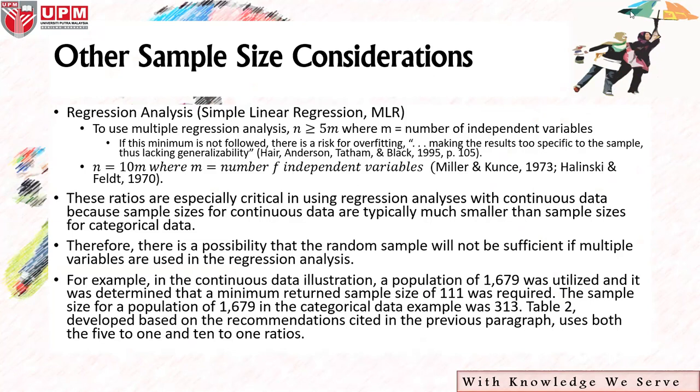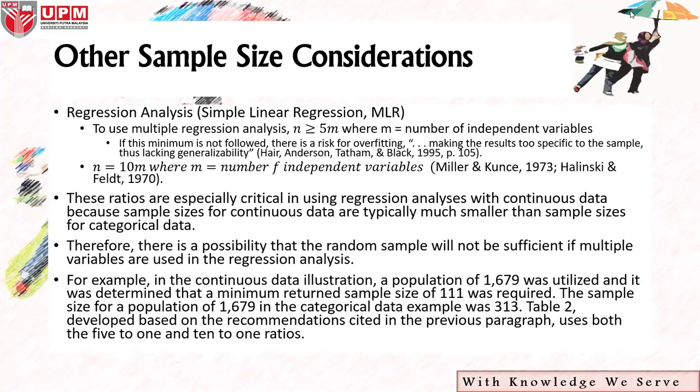If in your study you have, for example, 3 independent variables, so 5 multiplied by 3, 15. So 15 should already be enough as a minimum sample size. Tapi kecil sangat lah. Tapi kalau ikutkan calculation cukup dah.